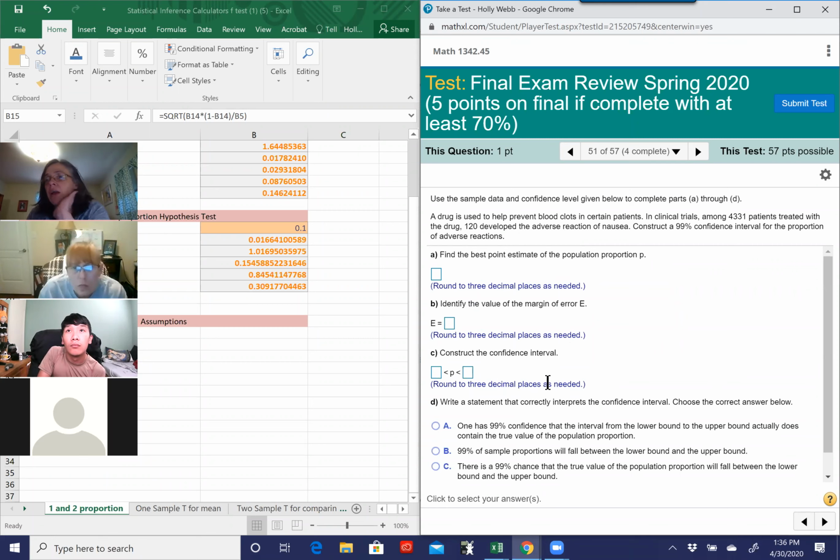It says that a drug is used to help prevent blood clots in certain patients. In a clinical trial, of 4,331 patients treated with the drug, 120 of them developed the adverse reaction of nausea. Construct a 99% confidence interval for the proportion. So that's a 1 proportion confidence interval with a 99% confidence level, to find the population proportion of people that get nausea.